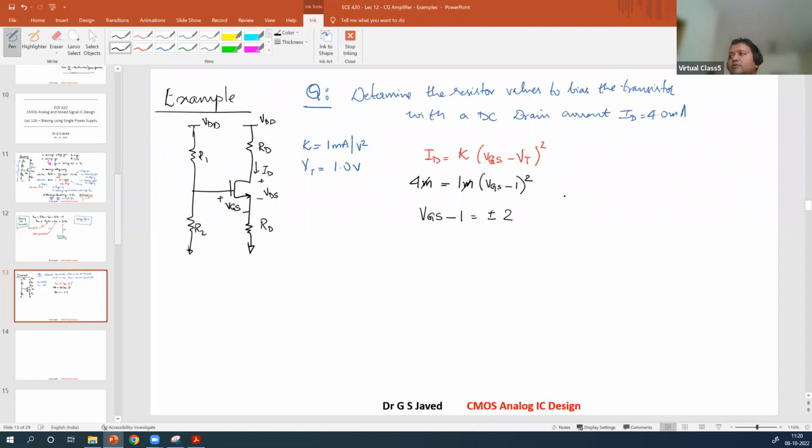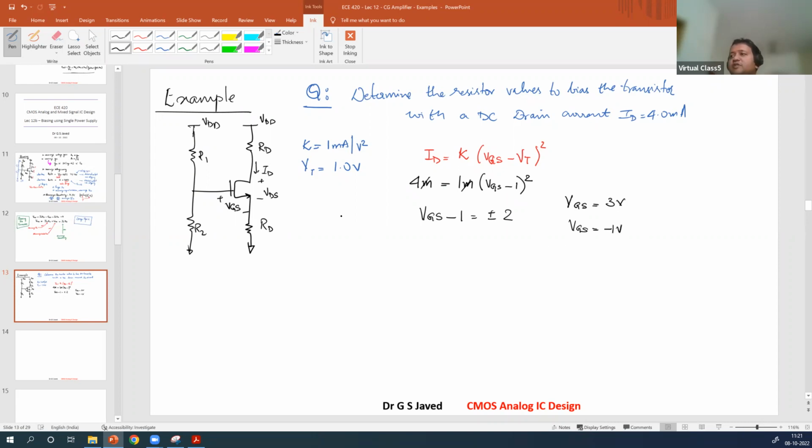One value is VGS equal to 2 plus 1, which is 3 volt. Another is VGS equal to minus 2 plus 1, which becomes minus 1 volt.